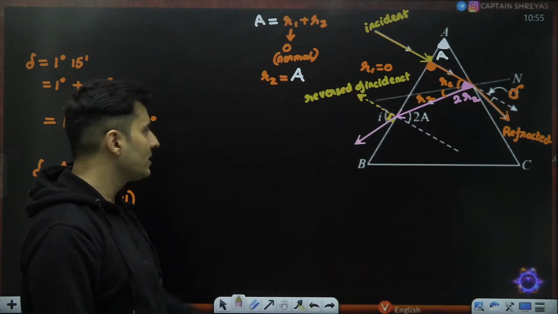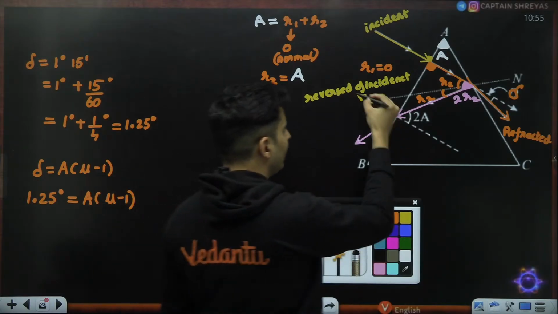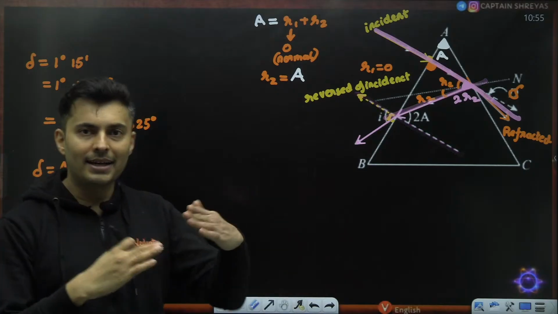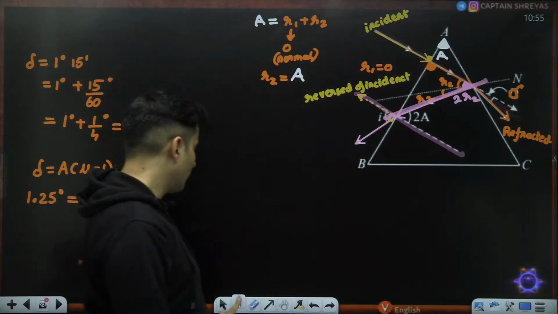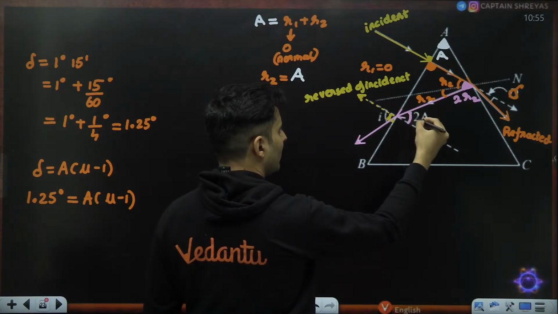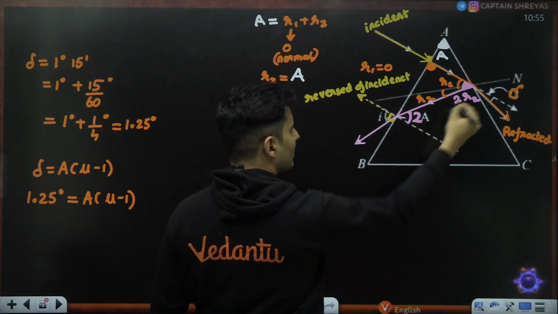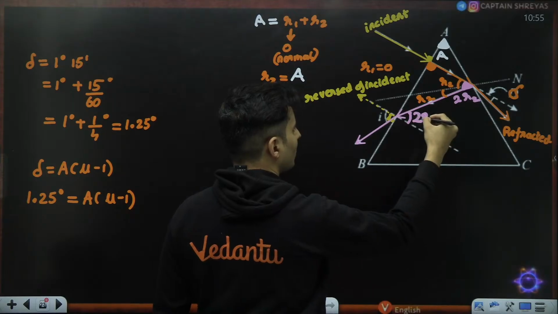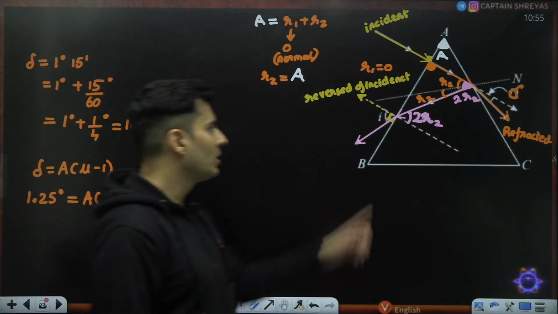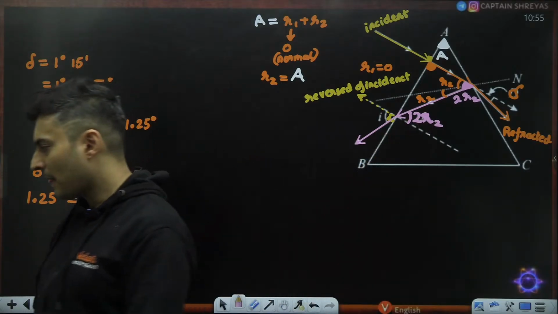Are you able to see two parallel lines and an intersect? Alternate angles are equal. So, this particular angle over here will be 2 times R2. See if this is okay for all of you. Everybody with me?